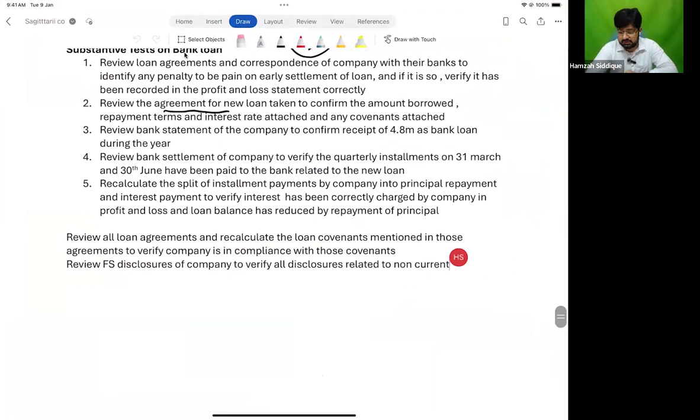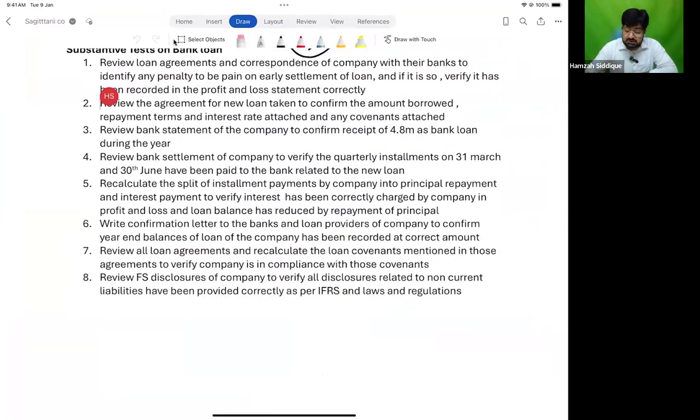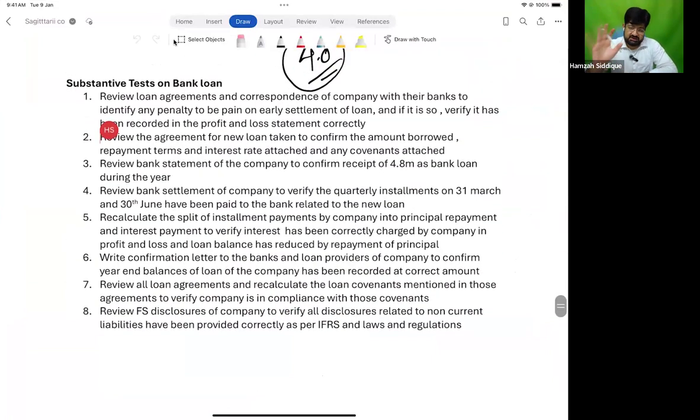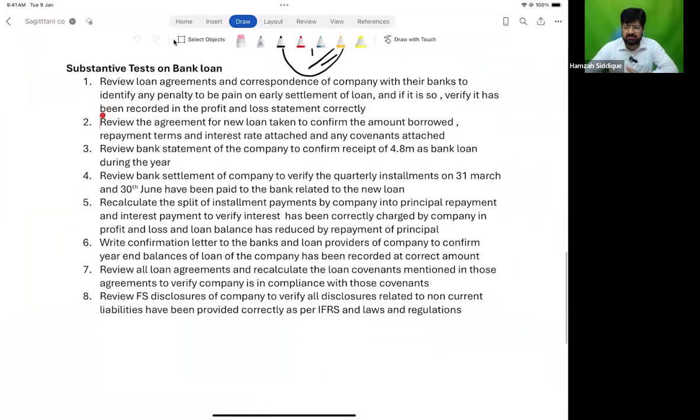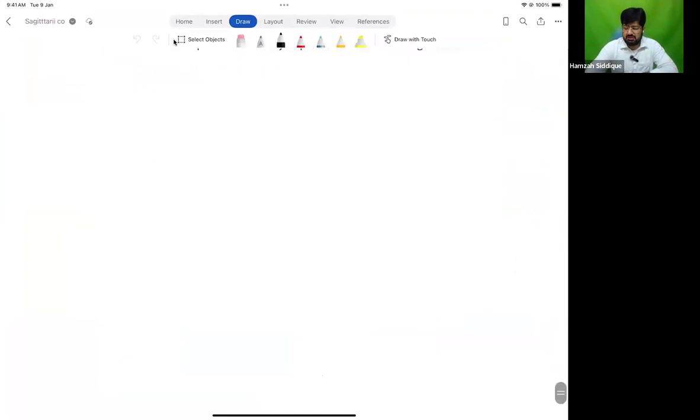So you cannot ignore it. Without command on substantive test, you never think. Three topics are there. Controls we have done. Second is substantive tests, controls and test of control.